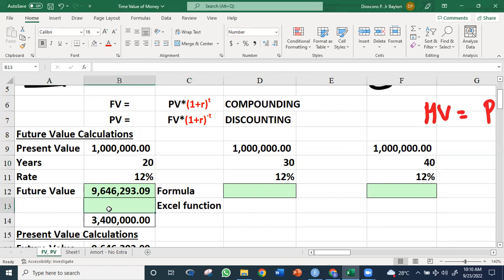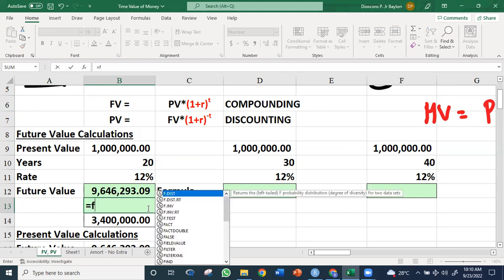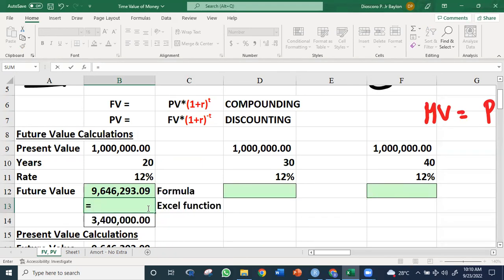Now we can use the formula, but Excel has a built-in function. If I type equal to, Excel has a built-in function called FV. So you can type FV there, and before you open, you type the parentheses. See here, it returns the future value of an investment based on periodic constant payments and constant interest.